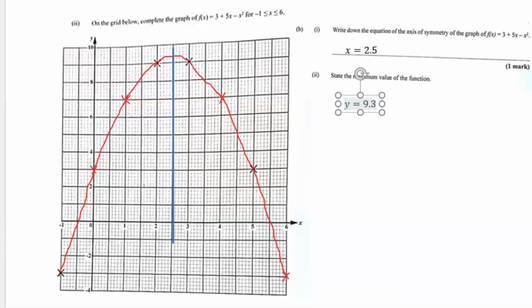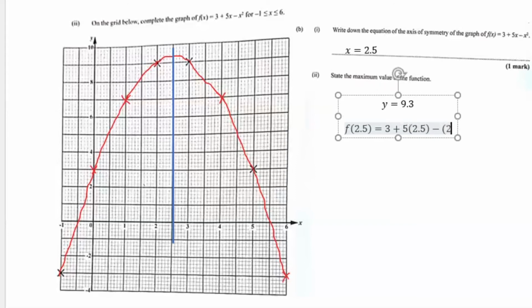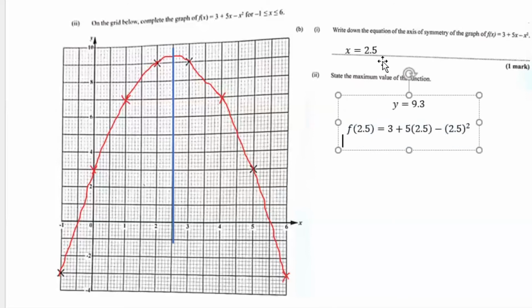But because we know the x value, which is 2.5, we could find f of 2.5, which is equal to 3 plus 5 times 2.5 minus 2.5 squared. Let's see what that will give us.